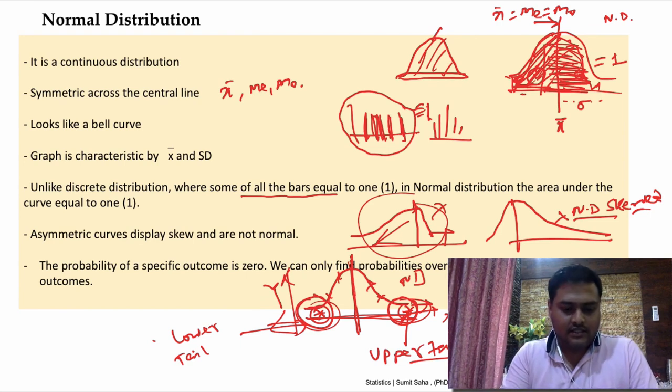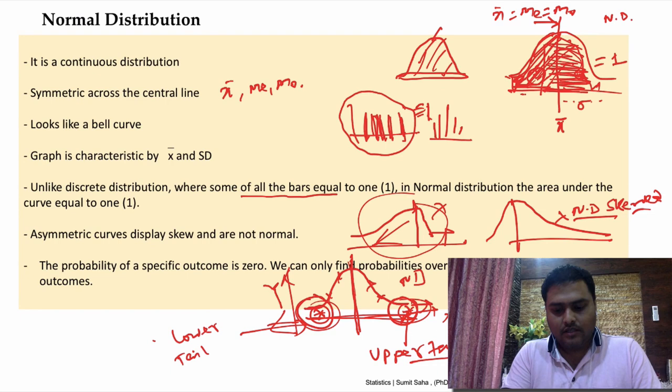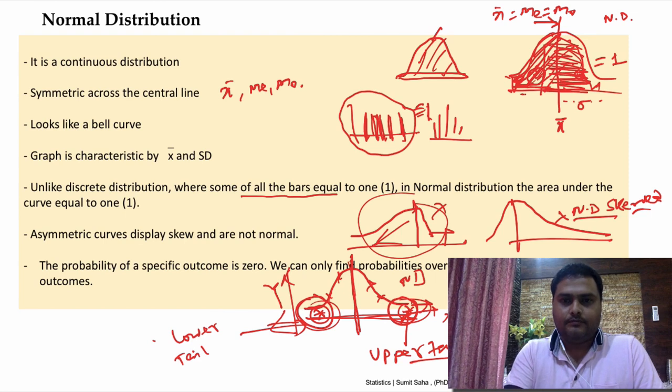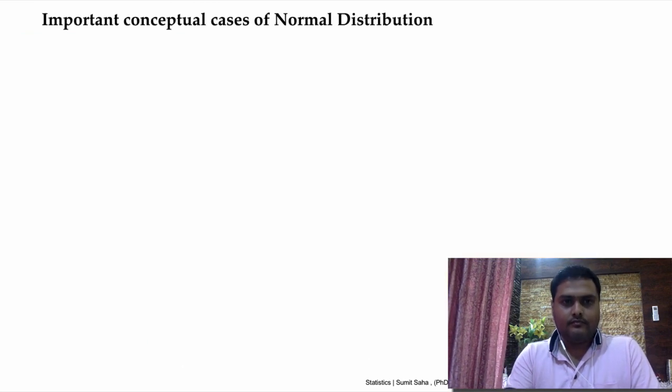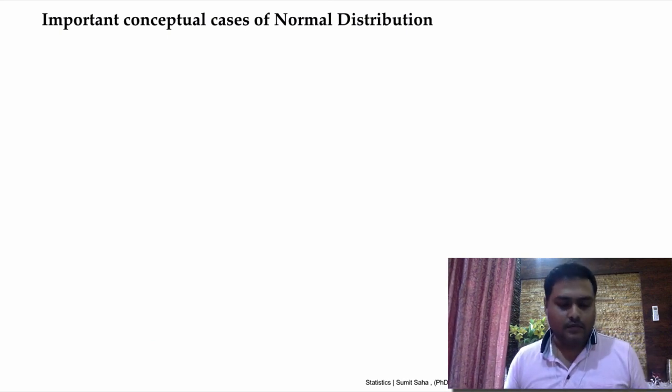Now in the next section we'll try to understand a few different diagrammatic representations of the normal distributed curve and how it is related to the mean and how it is related to the standard deviation. So in this case we'll talk about the important conceptual cases of normal distribution.